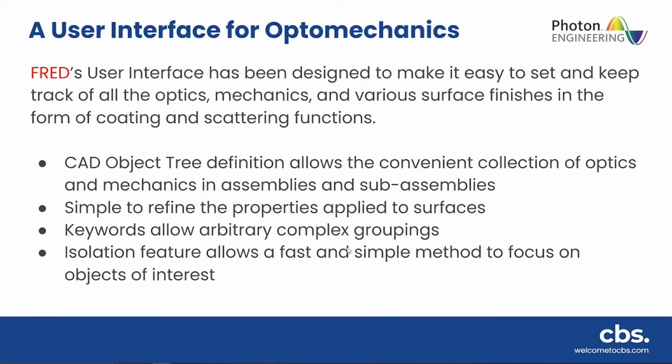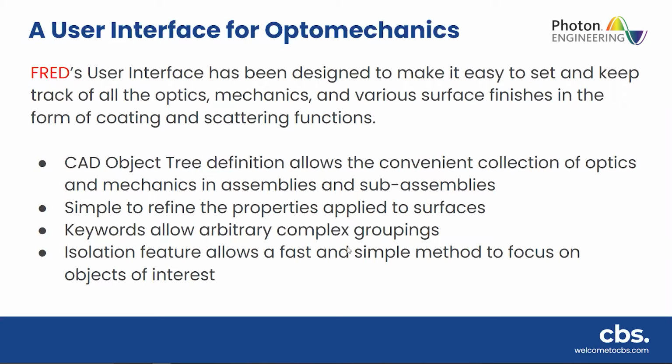And then one of the other things that Fred has, which really helps it for Straylight problems, is that it has a user interface that has been optimized and designed to work really well for optomechanics. So the user interface itself is designed from the ground up to make it very easy to set and also keep track of all of the optics, mechanics, and various surface finishes, the coatings, etc., in really large models as well.